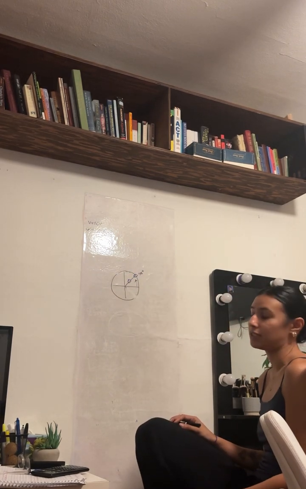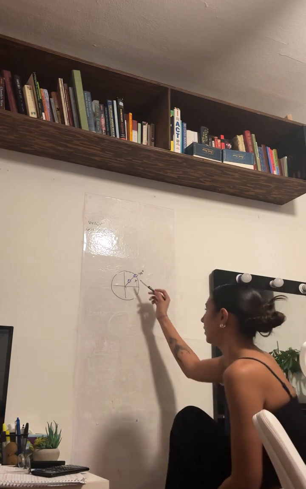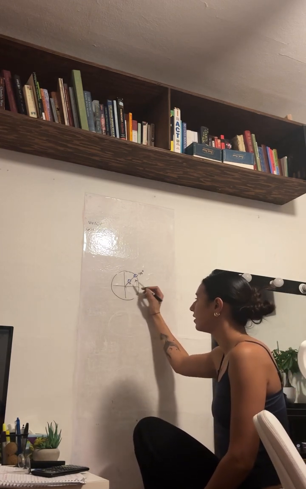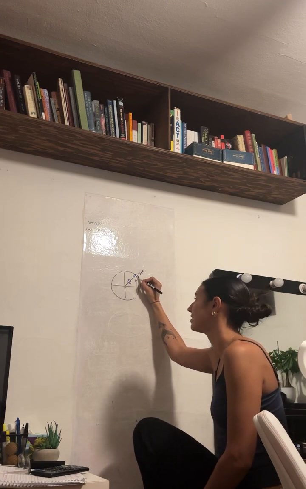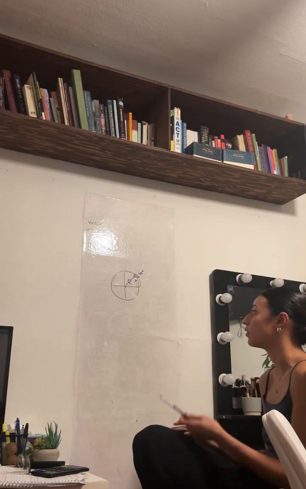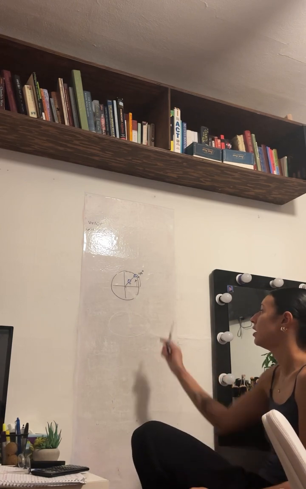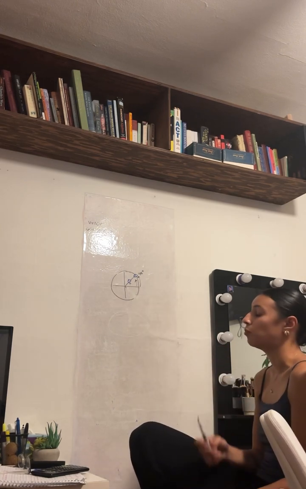But linear velocity is going to be different because the distance that this one covered is much less than the distance that this one covered, if we're thinking about it in terms of a linear distance. This one covered less, this one covered more.